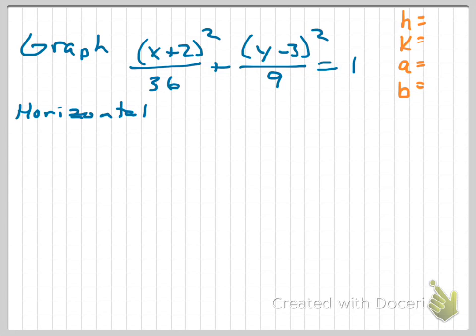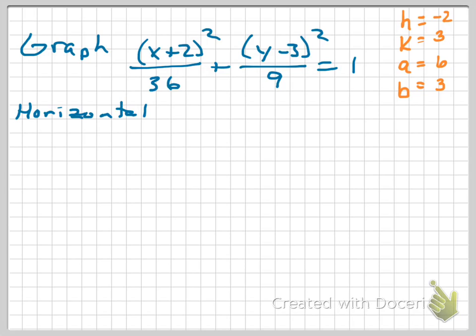Looking at the equation, same way we did with a circle, h is -2, k is +3. a squared is the larger denominator, so a is 6, the square root of the larger denominator. b squared is the smaller denominator, so b is 3.